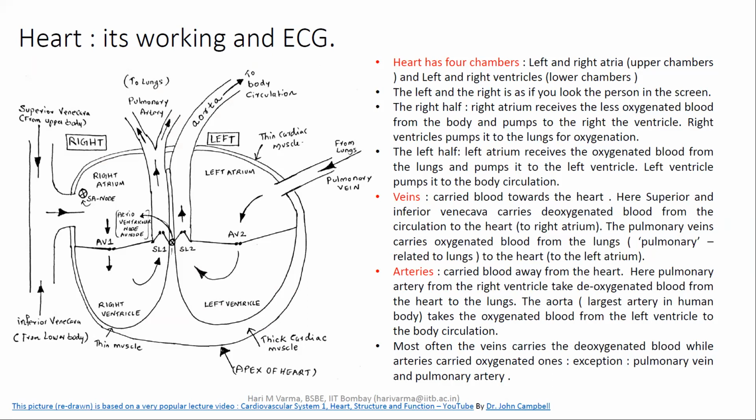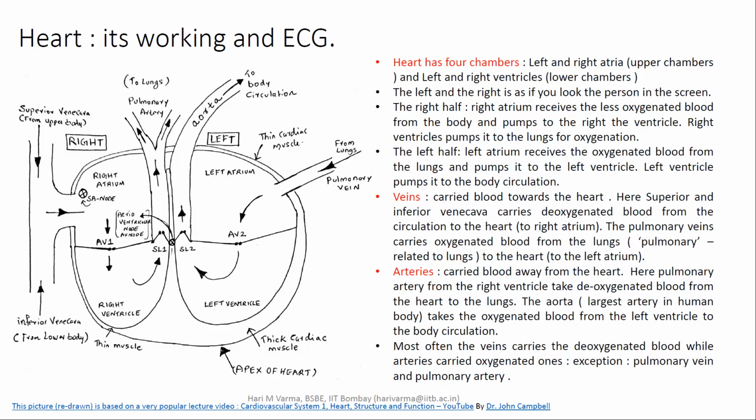So we will first explain how the heart works, and from that we will see how ECGs are generated, or how to interpret the ECG. We have already seen how to make an ECG in one of the videos, and we can now look at the PQRST complex, try to relate it to the working principle of the heart, and see how these things are related to the action potential.